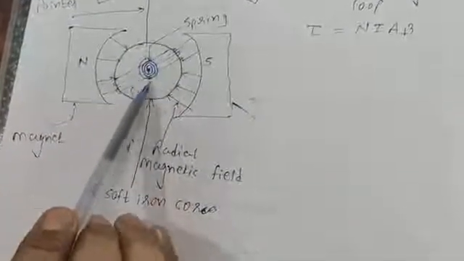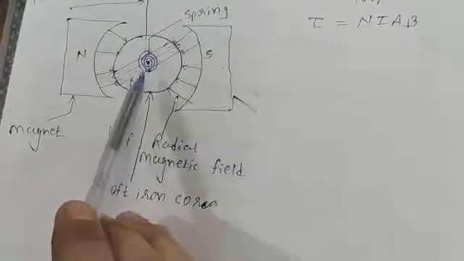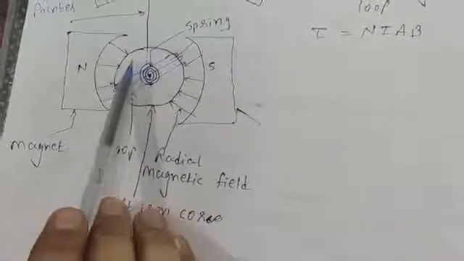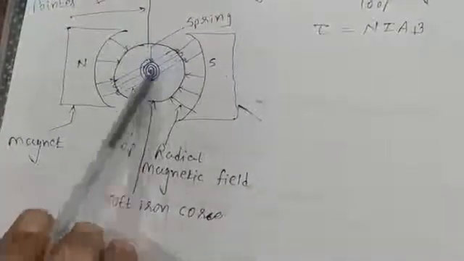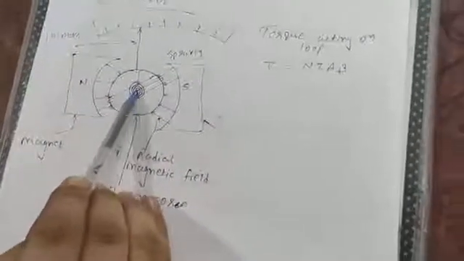Now in the center there is a spring, or something like a spring, some other device, but consider here there is a spring. If this circular soft iron core rotates in this manner, then this spring will also rotate in this direction.